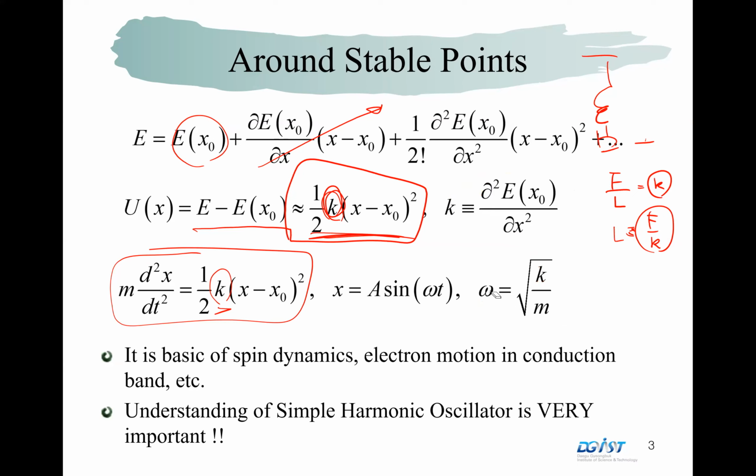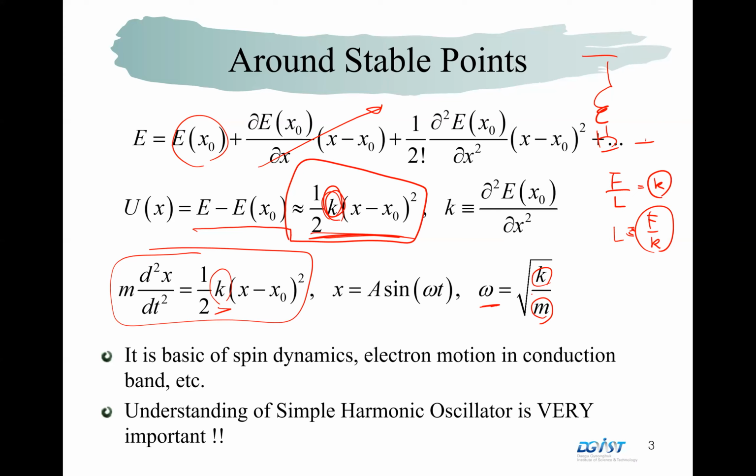Many kinds of physical phenomena are related to the vibration of the system, and in that case the frequency is very important. This omega is actually a very important characteristic of the given system, and it is governed by the mass of the system and the spring constant of the system.